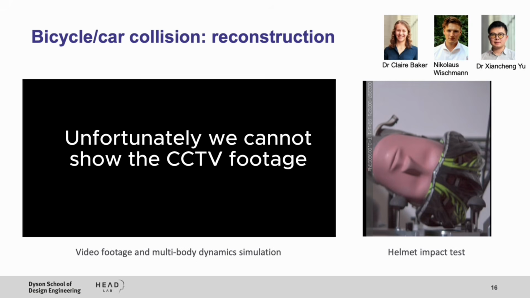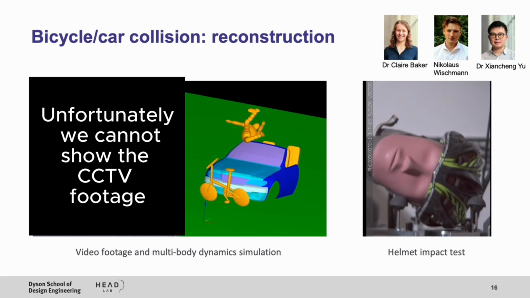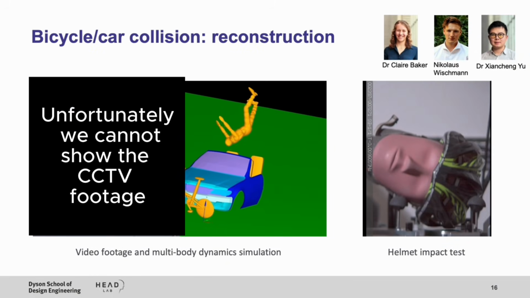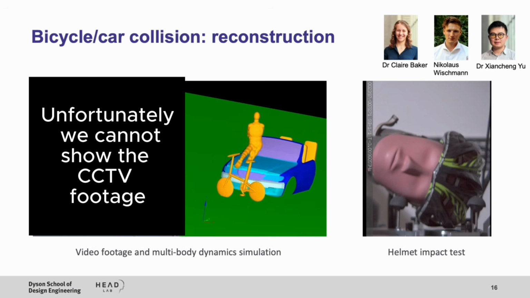Here I'm showing an application of the model that I just explained, and this work was done by several students in the lab, Dr. Claire Baker, Nico, and Dr. Jianchen Yu. This was an accident, so we had access to the CCTV footage. You can see here the cyclist is going, but the car is going on the wrong lane, and then the collision happens.